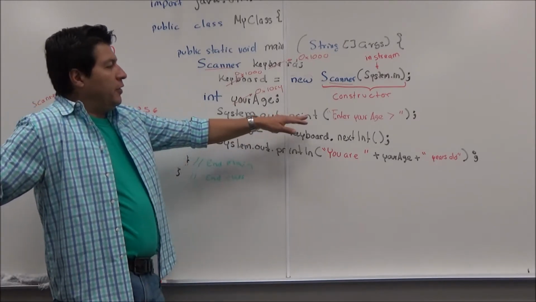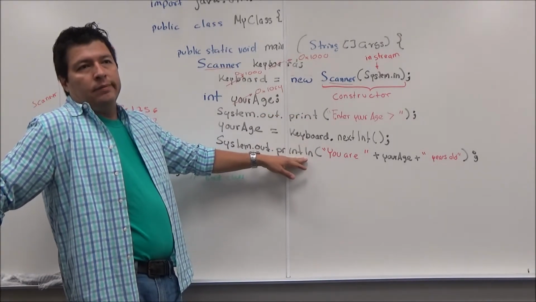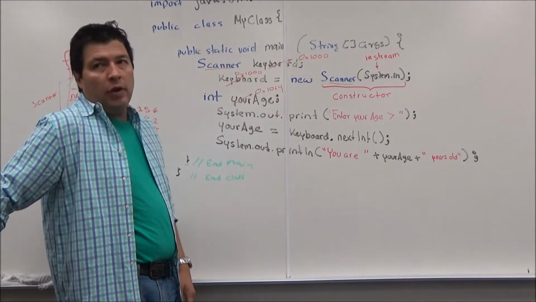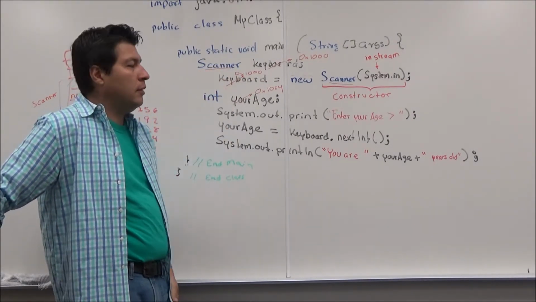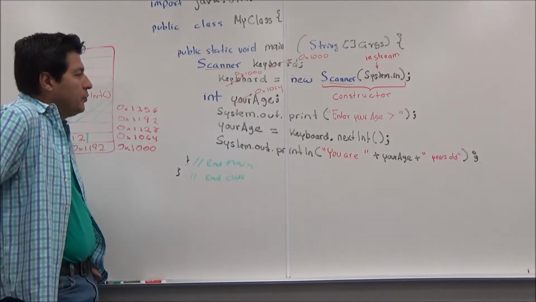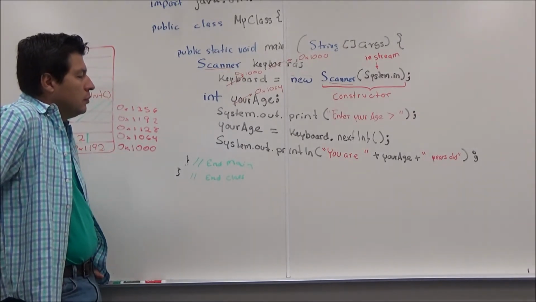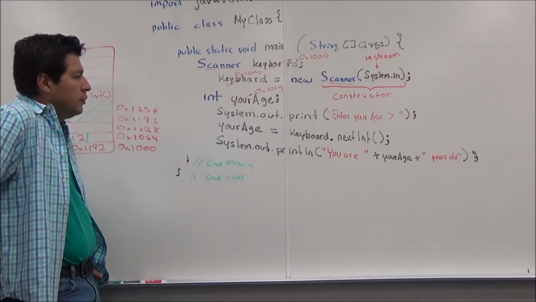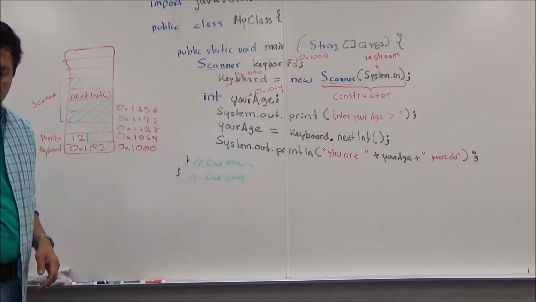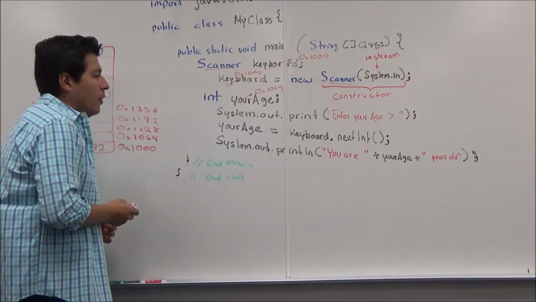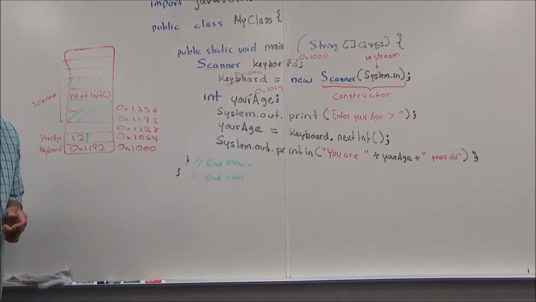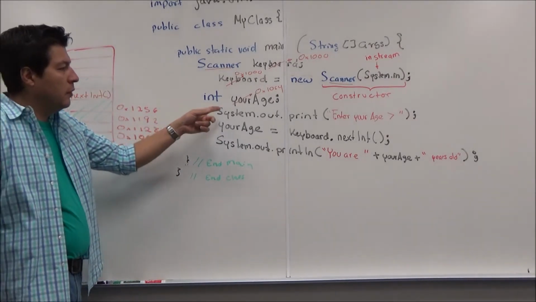Notice this one says print and this one says print line. The only difference is at the end it puts the carriage return new line. So, this is a number.